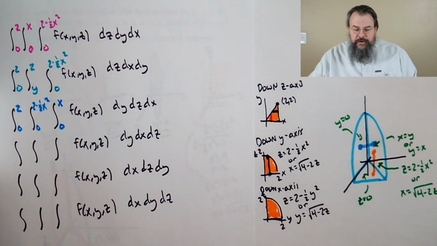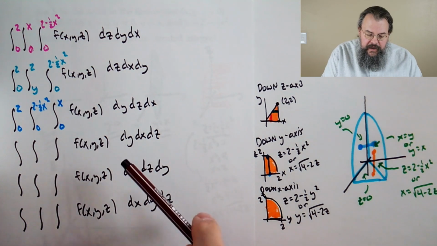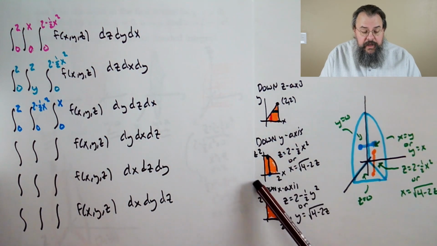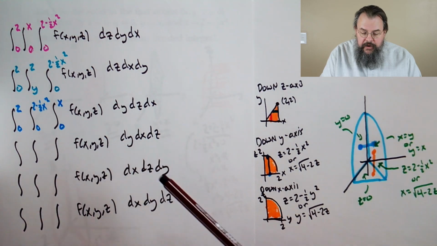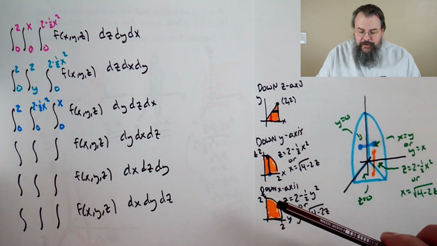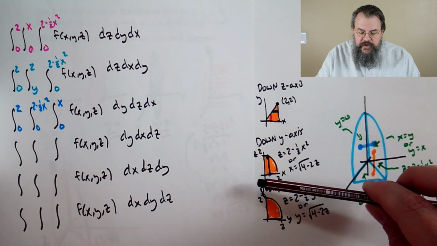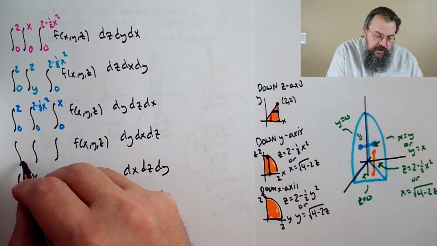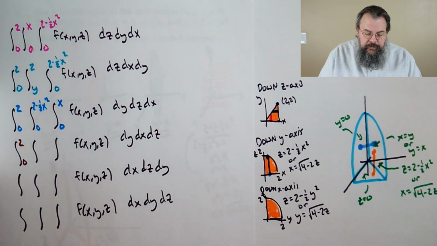Okay, well, good. That one's done. Now let's go to our next one. So again, looking down the y-axis, so this is what we see. We say, all right, now, where does z go between? Where to where? Well, it's going to go from 0 to 2. All right, well, that's great, 0 to 2.